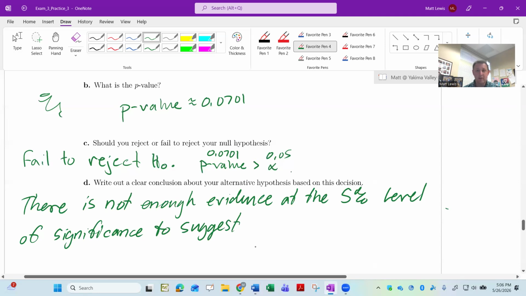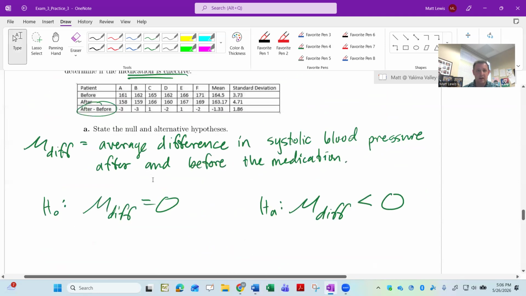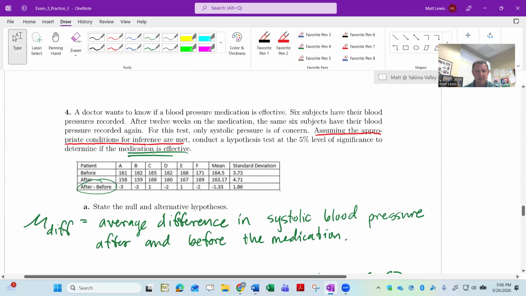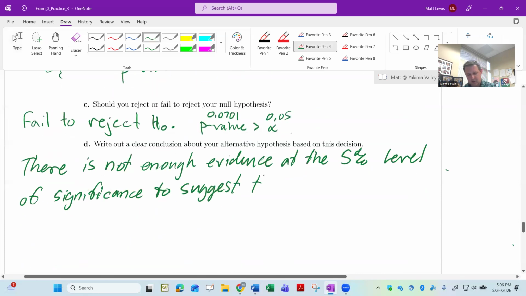But what was the alternative? The alternative is that the medication is effective. That's what we were trying to prove. The alternative is the thing we're trying to prove, to suggest that medication is effective.